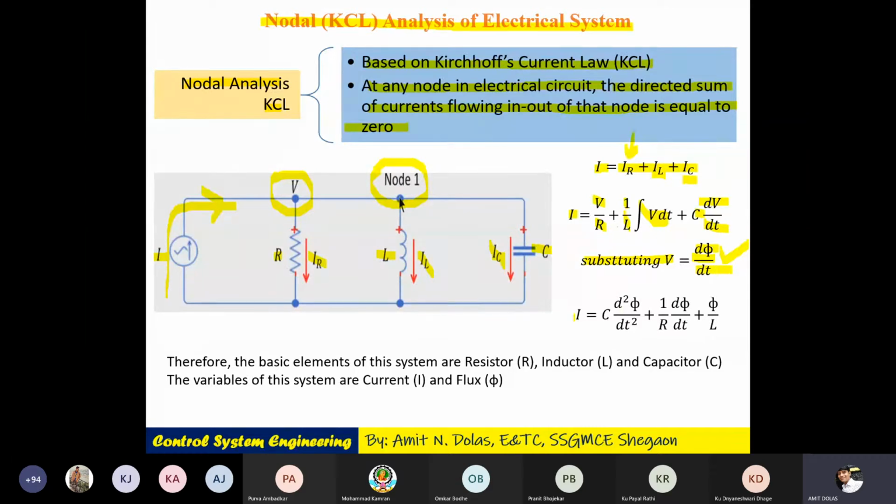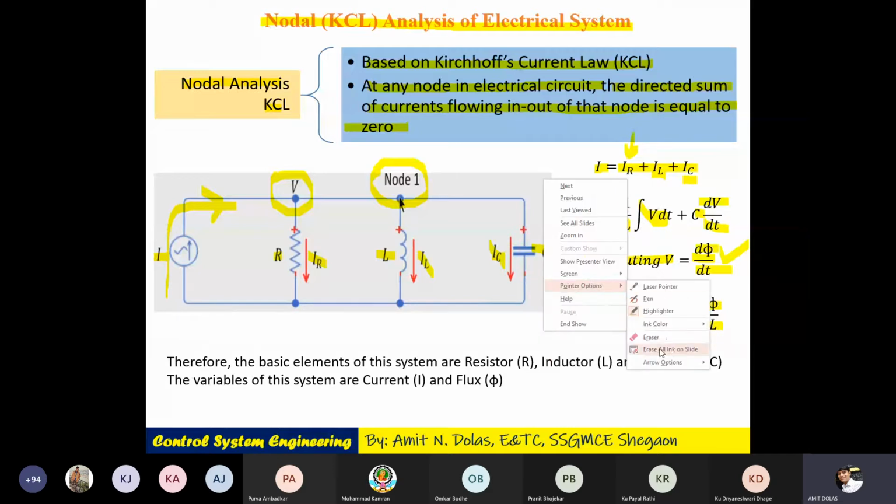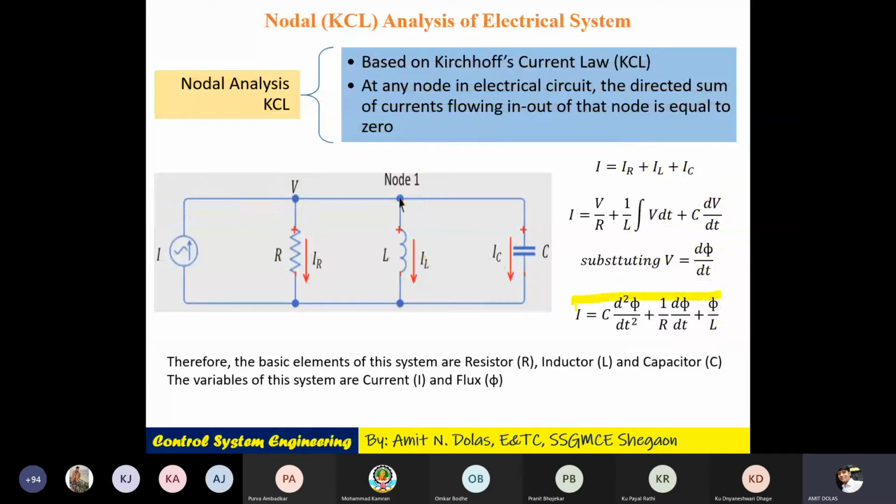Putting that value in place of V, I will be equal to C into d square phi by dt square plus 1 by R into d phi by dt plus phi by L. Finally, this is your final mathematical model, in differential equation form, with elements R, L and C and a relationship between current and flux.